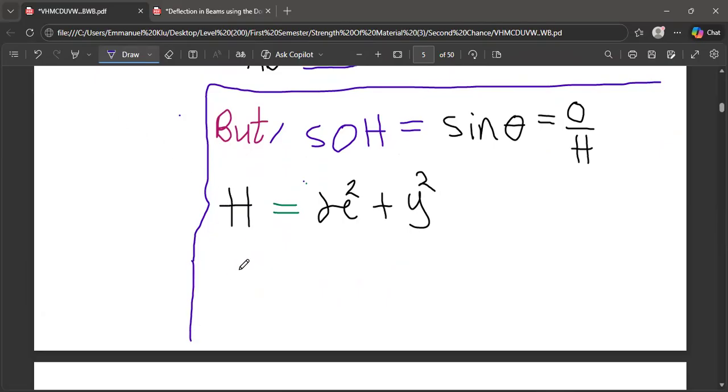So finally, we are saying that our h is equal to 3 squared plus 4 squared, and they are all affected by a root sign, because at the end of the day, all of these have to be rooted.